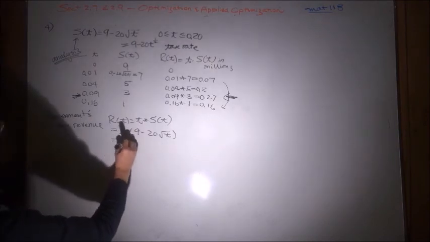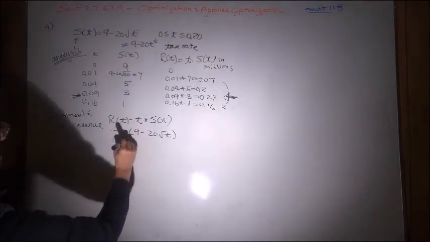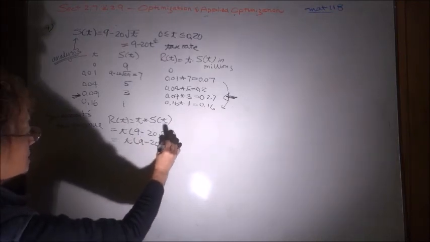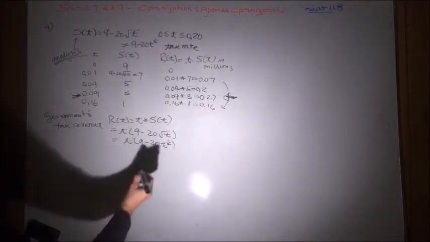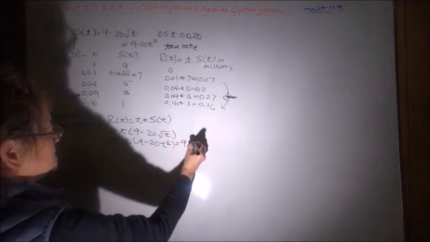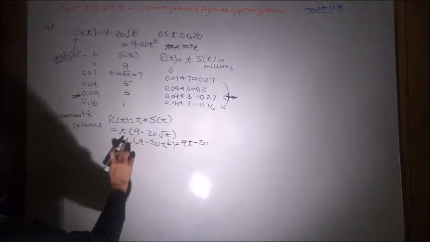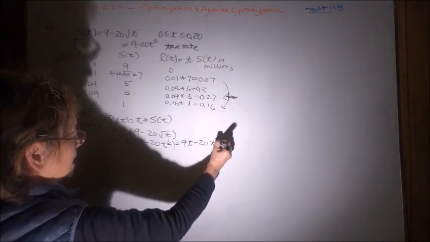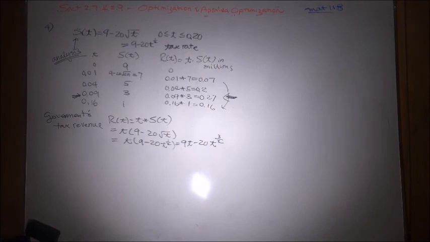So that would be T times (9 minus 20 T to the half), right? So that would be 9T minus 20 T to the power 1 plus a half, which is the 3/2 power, right?